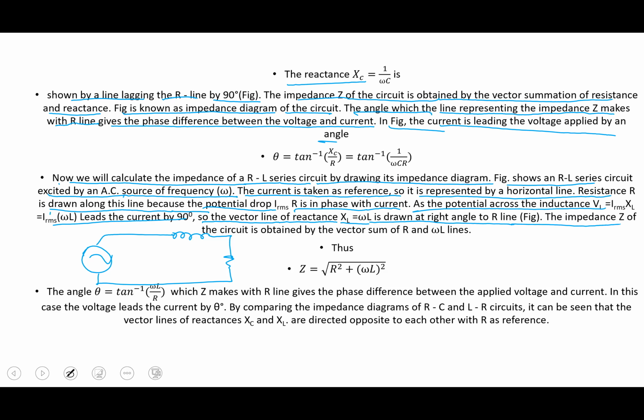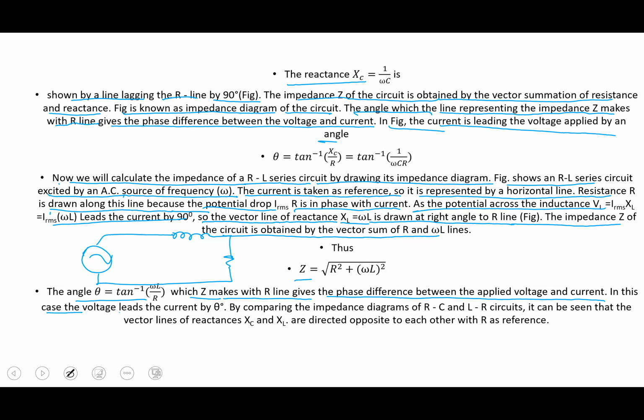The impedance of this circuit is obtained by the vector sum of R and omega L. Again, the same formula: Z is equal to the square root of R square plus omega L square. The angle we can find again by the formula of direction: theta is equal to tan inverse omega L divided by R, which gives the phase difference between the applied voltage and current.